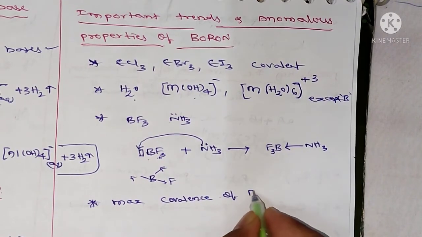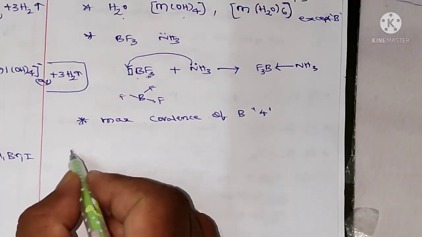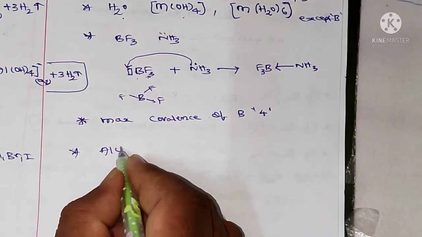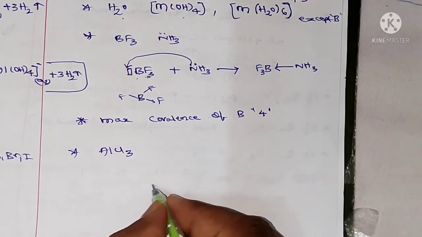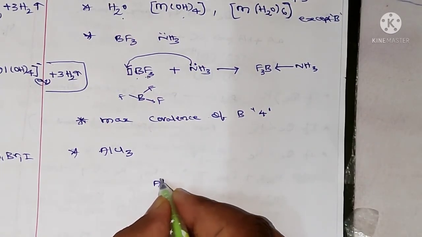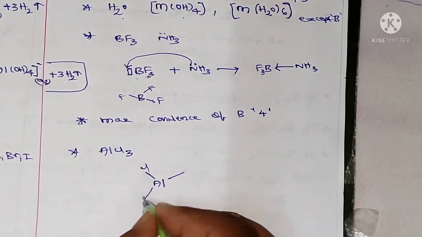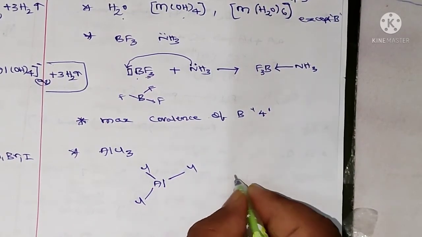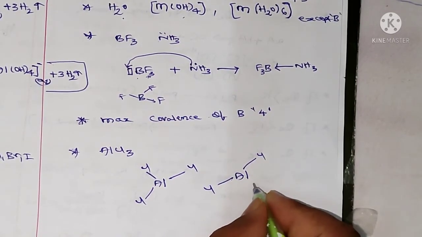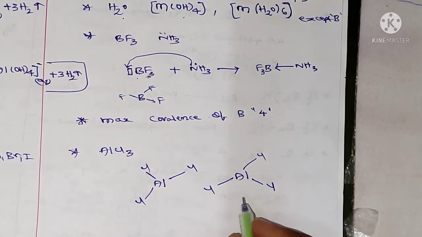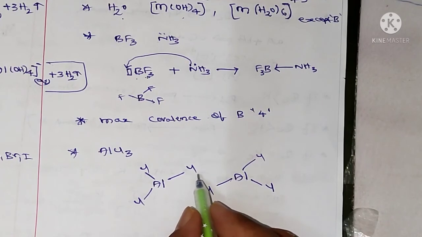AlCl3 completes the octet by dimerizing. The AlCl3 dimer form is this one. Here the chlorine acts as a bridge.